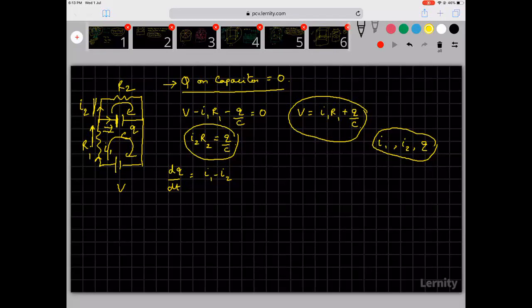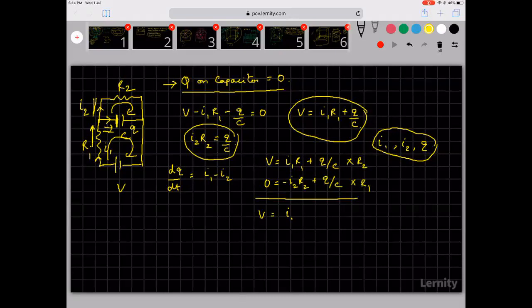So I have V is equal to I1 R1 plus Q by C. Then I can say 0 is equal to minus I2 R2 plus Q by C. Now, if I just add them, I'll get V is equal to I1. Oh no, I have to multiply these. I have to multiply this with R2 and this with R1.